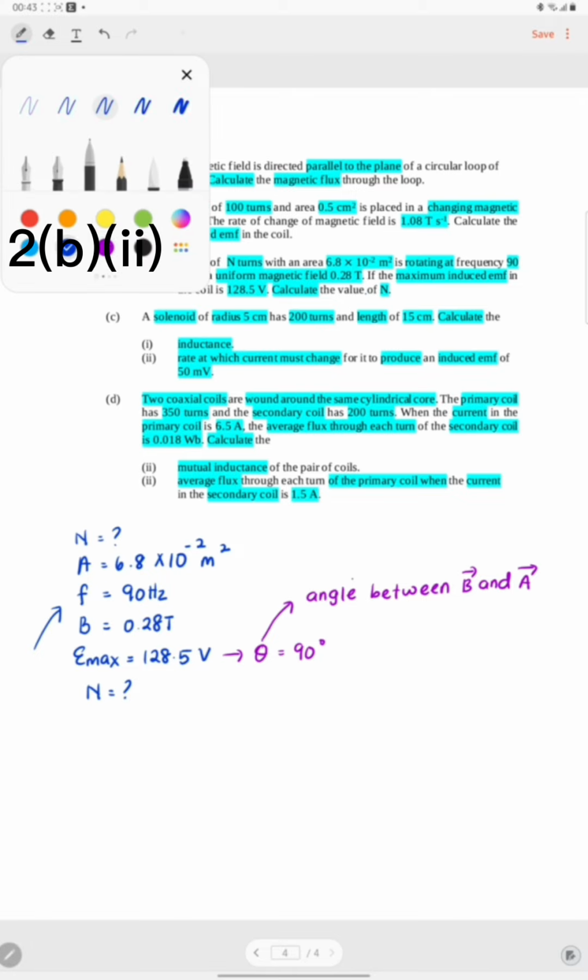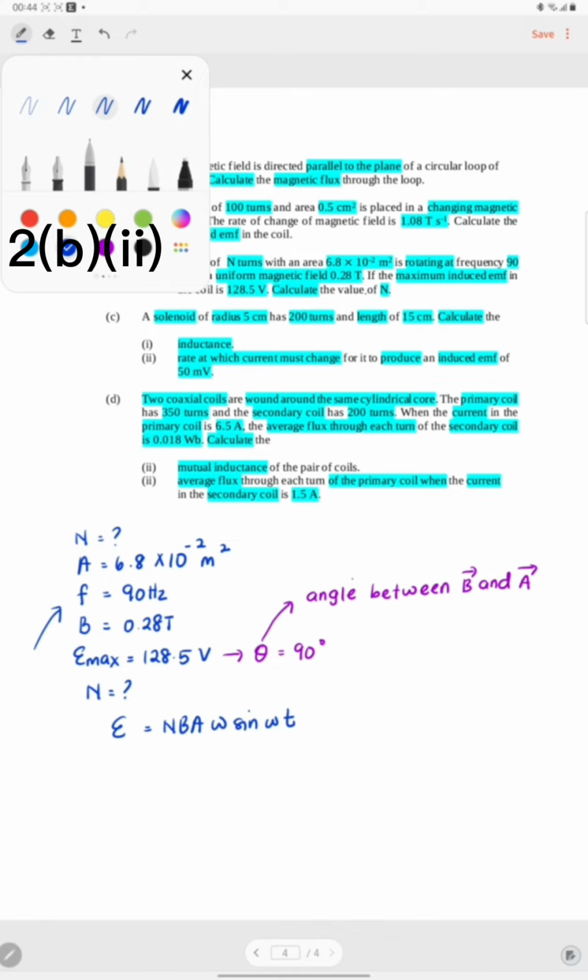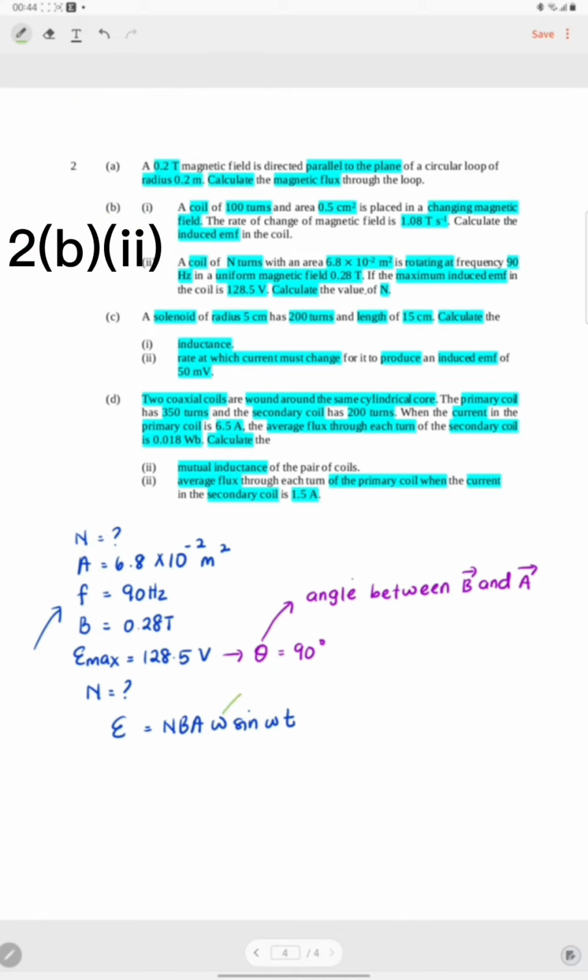The suitable formula that we need to use is induced EMF equals NBA omega sine omega t. We need to know that omega is equal to 2 pi f, and omega t can be replaced by the angular displacement, which is theta here.